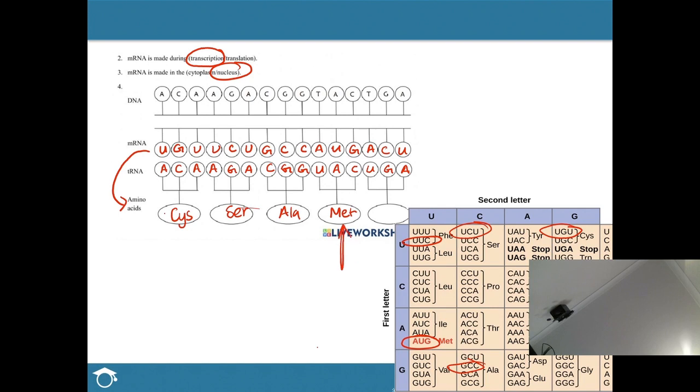So technically speaking, this is the start codon, and this is where the translation would start. And then ACU, Thr, like so.